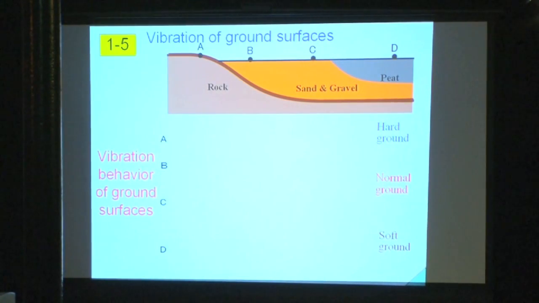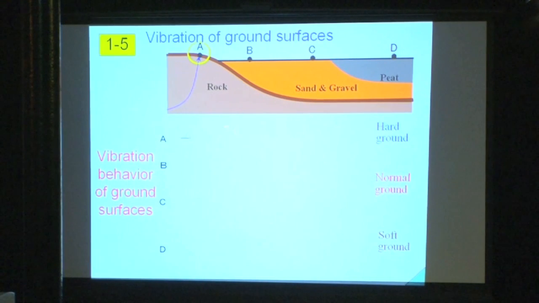Vibration behavior of ground surfaces is determined by the condition of the subsoil. At point A on the mountainside, vibration shows a short period and a small intensity because it is on hard ground.